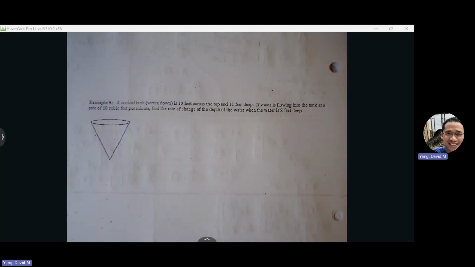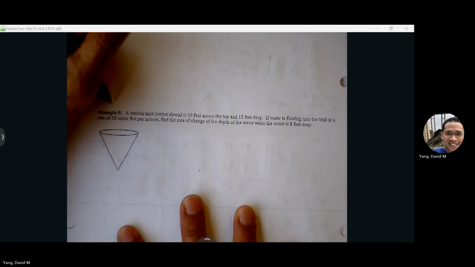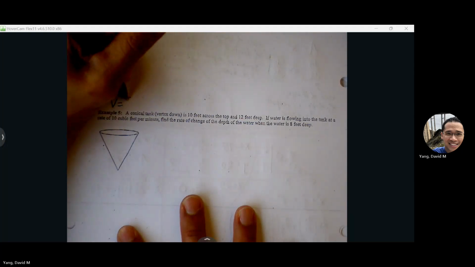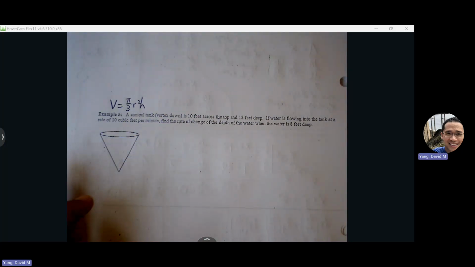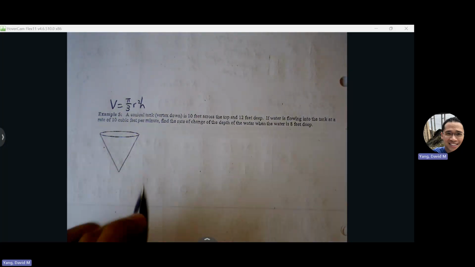Cone has a volume formula, which will be provided for you. Okay, so V equals pi over 3 r squared h.